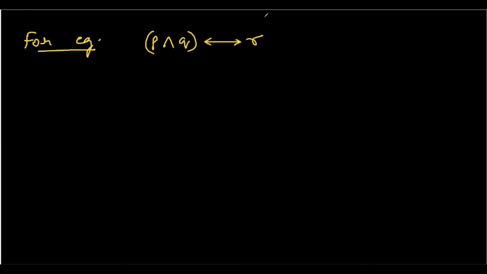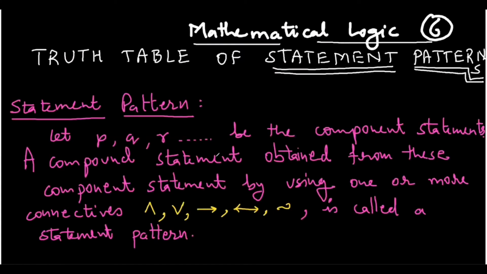What are we using here? We are using 3 component statements, and what more are we using? We are using 2 connectives.